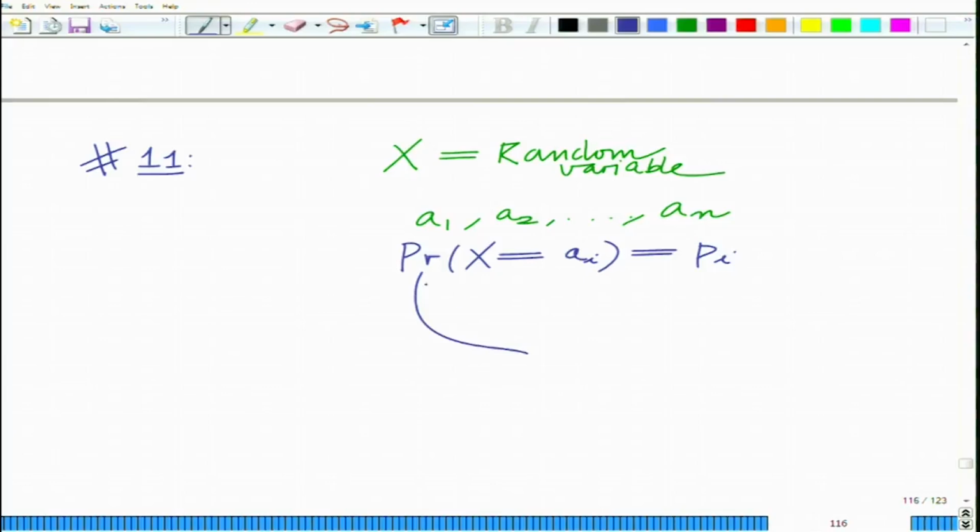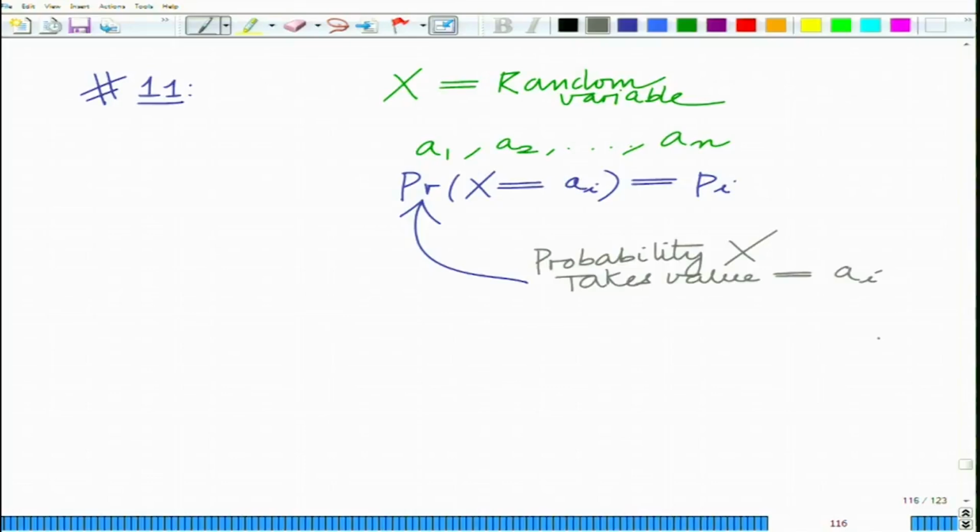So this is the probability that the random variable x takes the value ai.